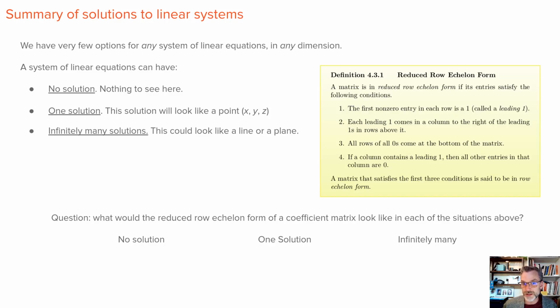It's going to be a point (x, y) or (x, y, z) or something like this. If we can't get down there, then there's 2 possibilities. Either we have infinitely many solutions or we have no solution at all. Okay? So those are our 3 possibilities. We'll look at the infinitely many case and the no solution case next time.